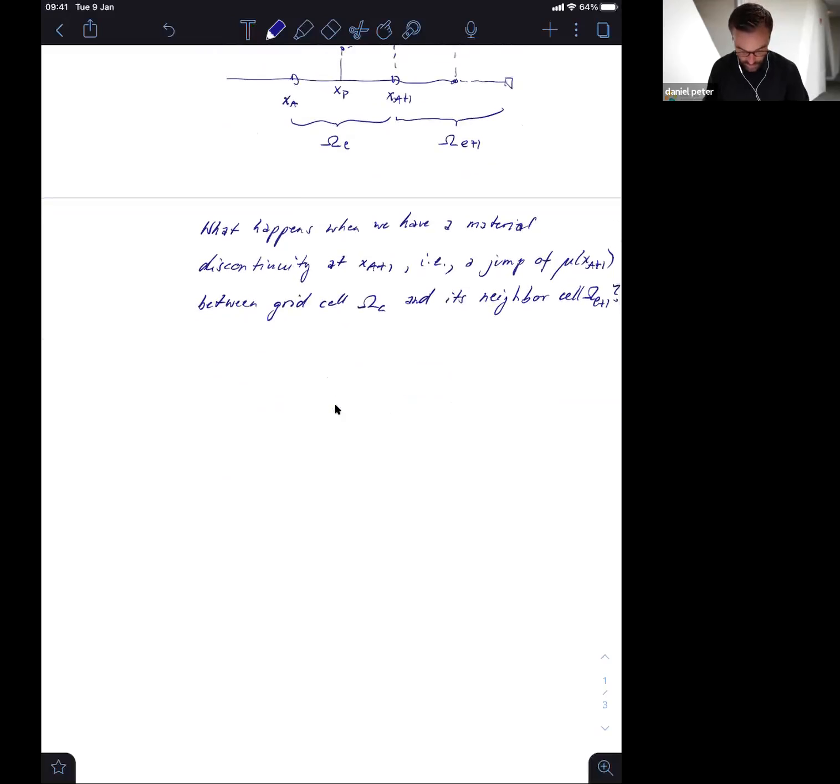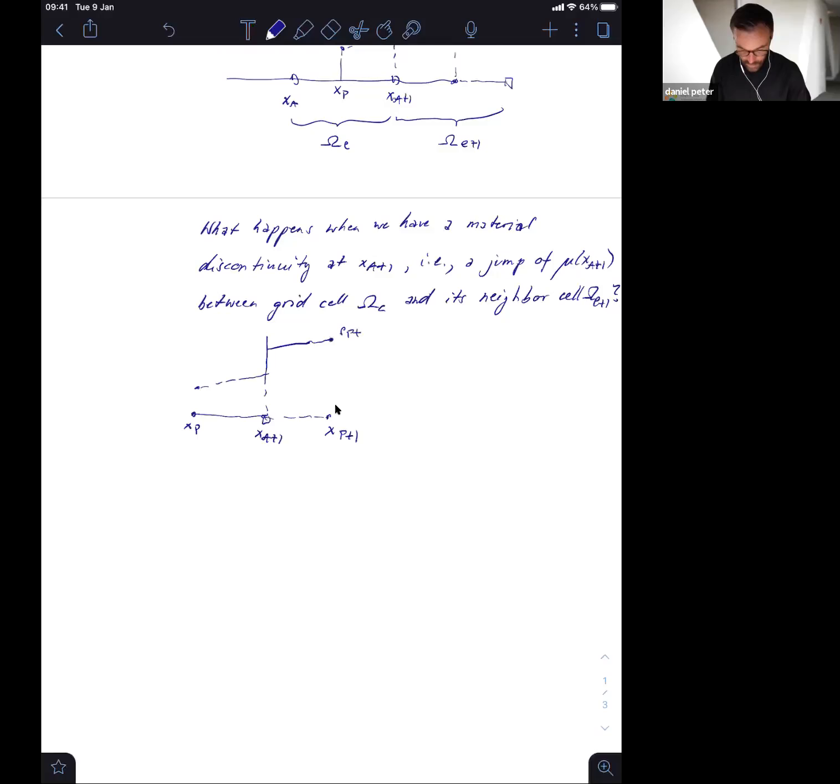So what does that mean? We basically have now, let's say, xp and xp plus 1. Here we have xa plus 1. But now we have a jump, so we have this discontinuity at the cell boundaries.